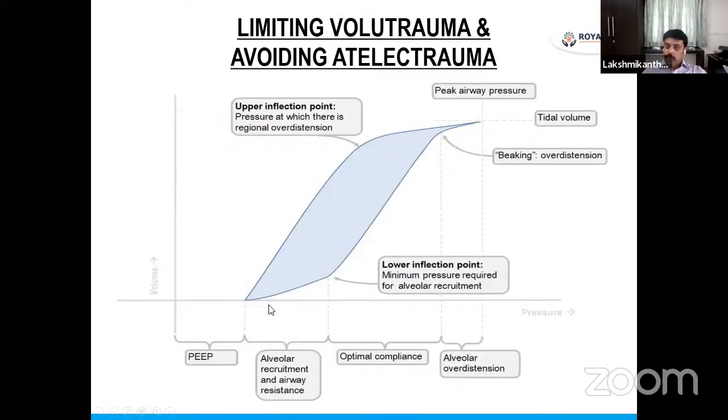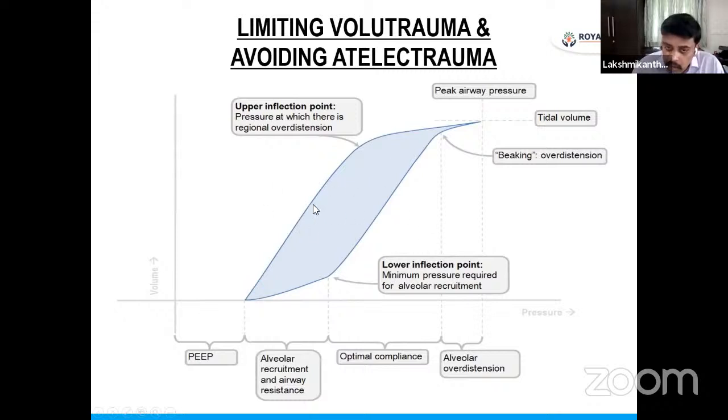So how do we select the PEEP and how much PEEP to select? We again come to this pressure volume curve. This is the pressure volume curve that we were talking about earlier. As you can see, initially during inspiration, for the amount of pressure that is being generated, the tidal volume slowly goes up. It reaches a certain point where it suddenly increases exponentially for the same amount of pressure change.